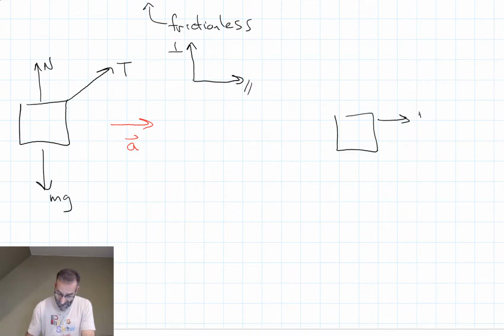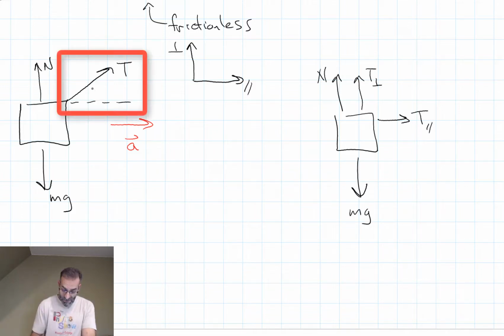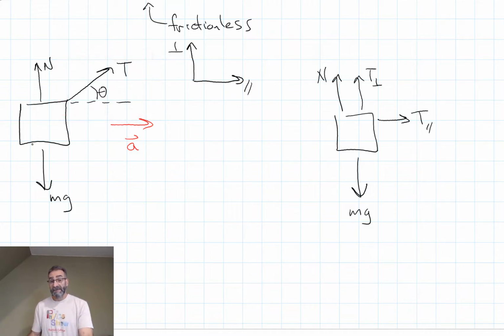So that would leave me a T parallel, a T perpendicular, a normal force, and the weight of the object. If we're given this angle, then we can solve for T parallel and T perpendicular.